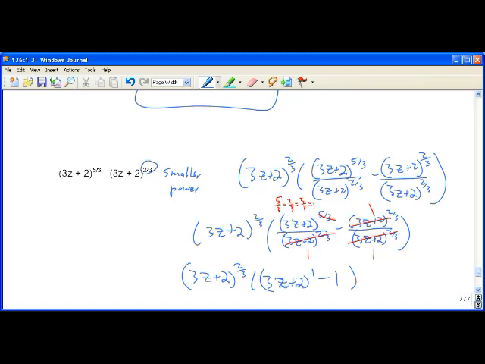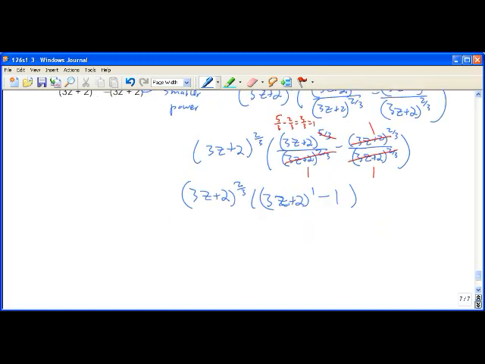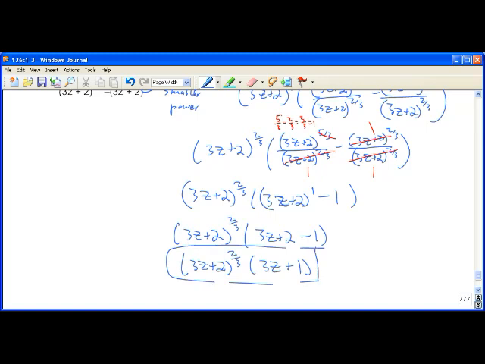Now I could take this a little further, and I will, a little bit. Not much to do here. That's 3z plus 2, because (3z plus 2) to the 1 is 3z plus 2, minus 1. (3z plus 2) to the 2/3 times (3z plus 1). So there's our final result.